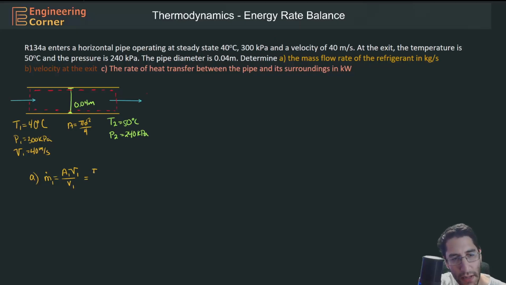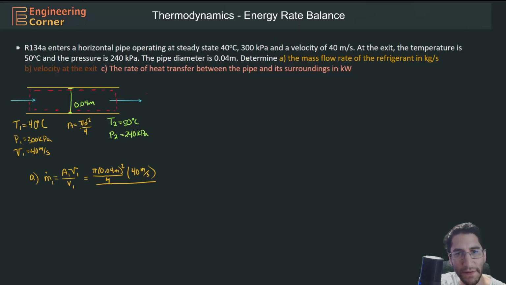So pi times 0.04 meters, squared, over 4, times my velocity, which is given as 40 meters per second. And we need to divide by my specific volume.